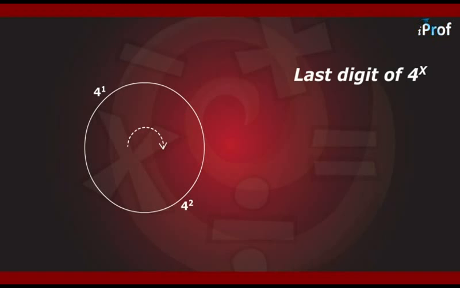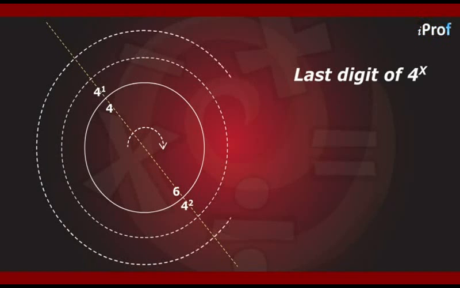The last digit of 4 raised to the power 1 is 4 and the last digit of 4 raised to the power 2 is 6. Now we draw a line joining the 2 points and extend it. Again, we proceed in a similar way like we did in the previous example.